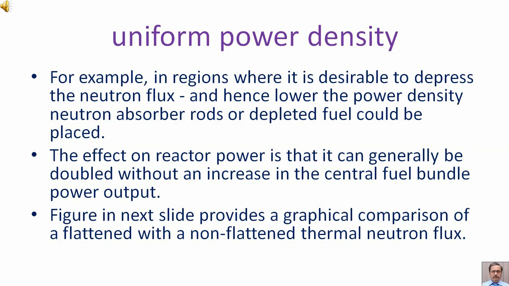The effect on reactor power is that it can generally be doubled without an increase in the central fuel bundle power output. The figure in the next slide provides a graphical comparison of a flattened with a non-flattened thermal neutron flux.